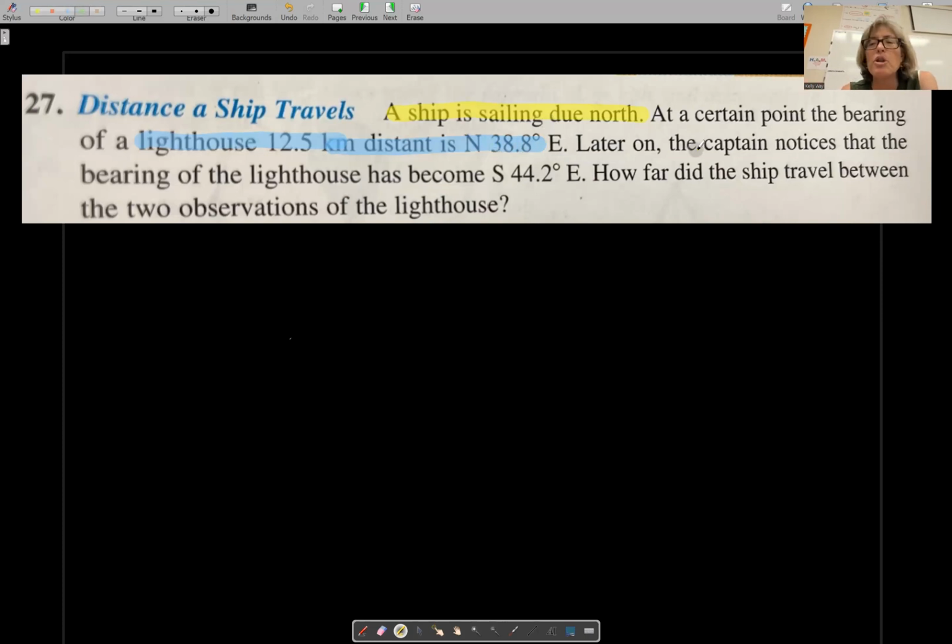Later on, the captain notices that the bearing of the lighthouse has become south 44.2 degrees. Question: how far did the ship travel between the two points of observation?